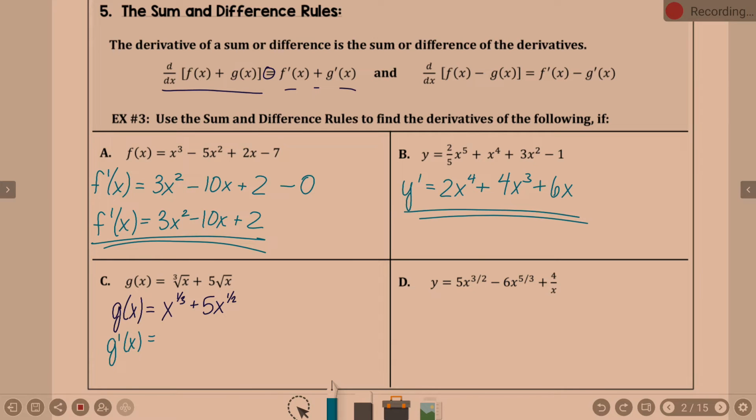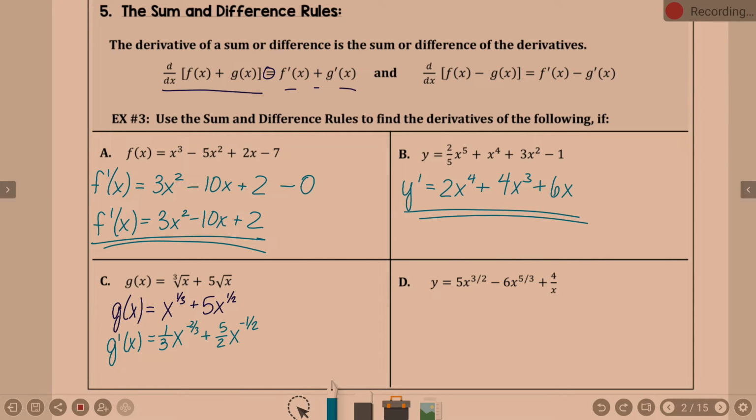Derivative of x to the 1/3: x to the negative 2/3, because 1/3 minus 1 is 1/3 minus 3/3, which is negative 2/3. Plus derivative of 5x to the 1/2: a half times 5, I would encourage you to write 5/2 x to the negative 1/2, since 1/2 minus 1 is negative 1/2.